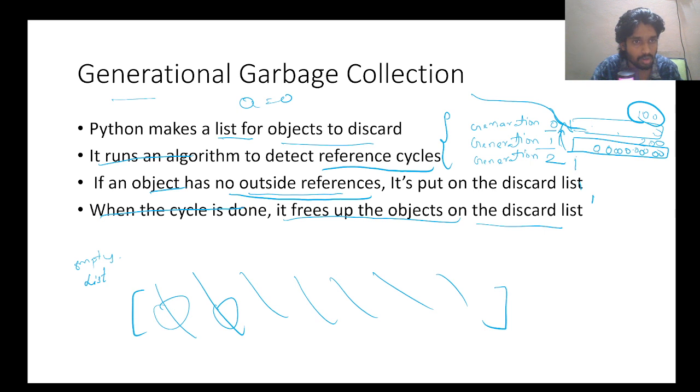Whoever survives this particular generation will get transferred to generation 2. All the objects that survived in generation 1 will be transported to generation 2, and all the objects that survived in generation 0 will be transported to generation 1.